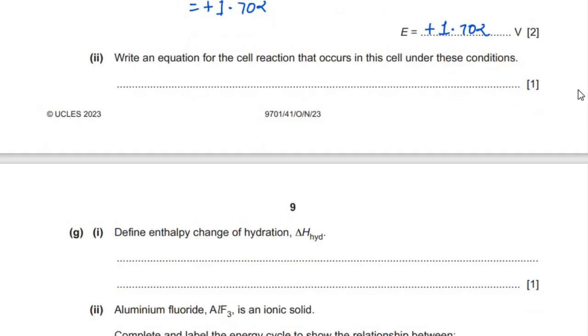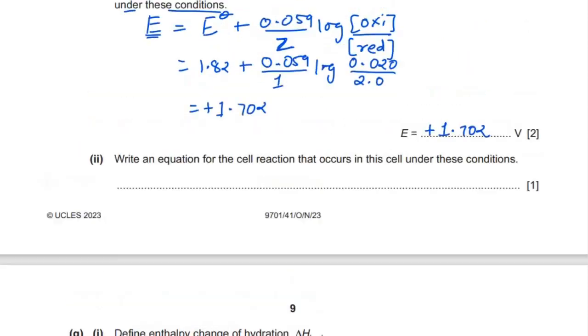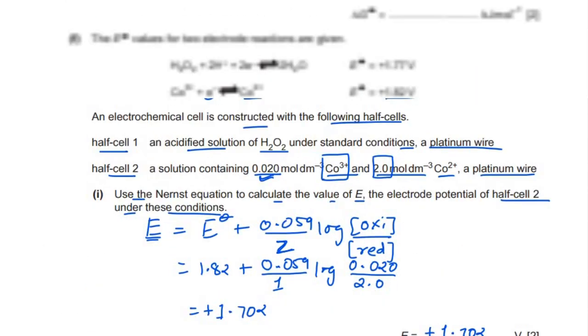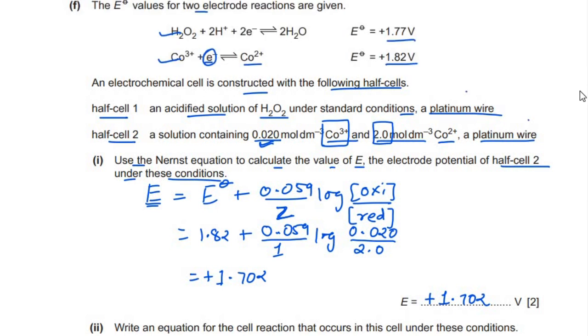Let's see what's next. It says write an equation for the cell reaction that occurs in this cell under these conditions. So first see which is the bigger value and which one will go in a forward direction. If we have a look at the two half equations, and the cobalt in the new conditions, the E value is 1.702.